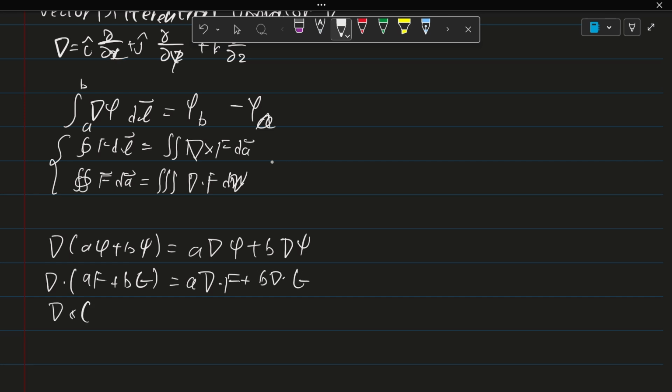And if you take the curl, this would be as follows. So it's a very useful operator and also something that is trivial for you to use.